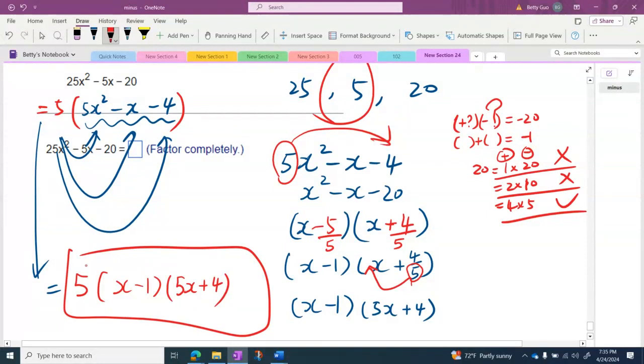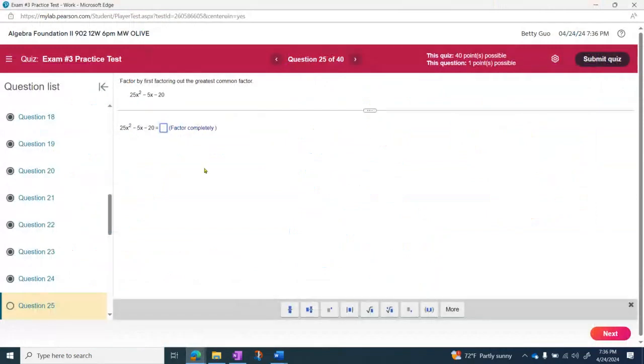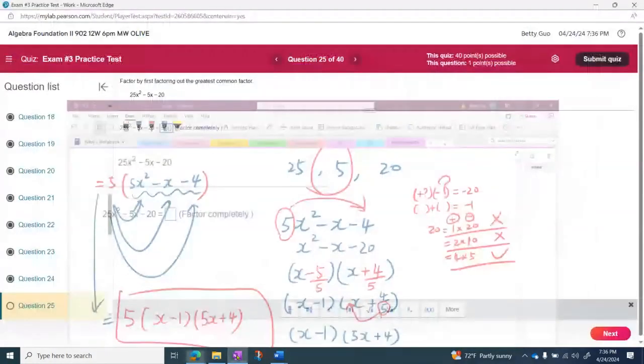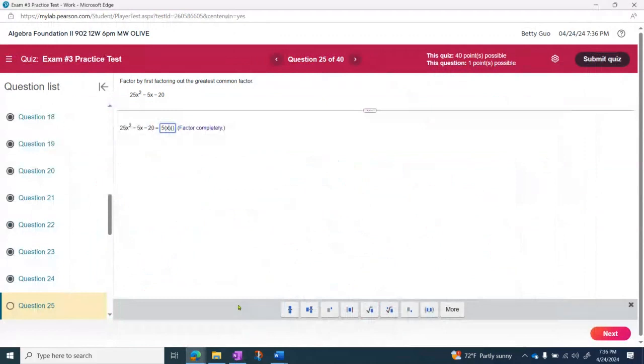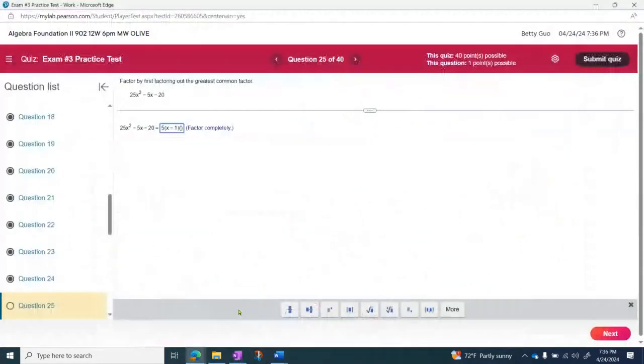x minus 1, 5x plus 4. Five times x minus 1 and here is 5x plus 4.